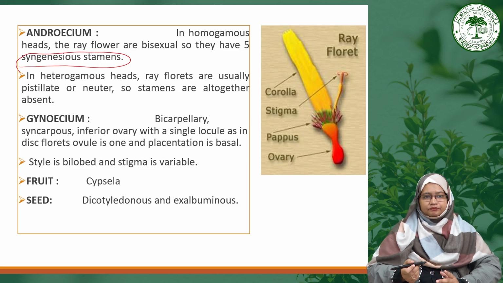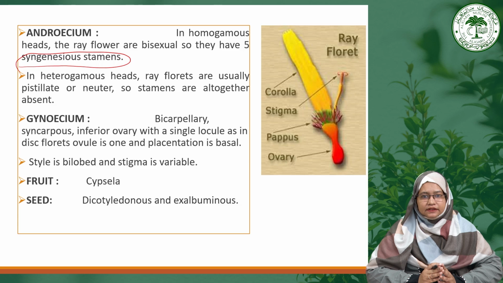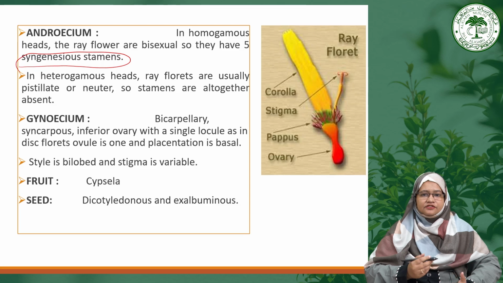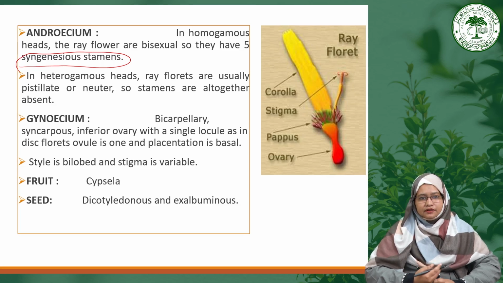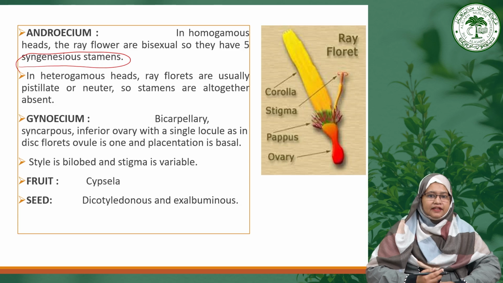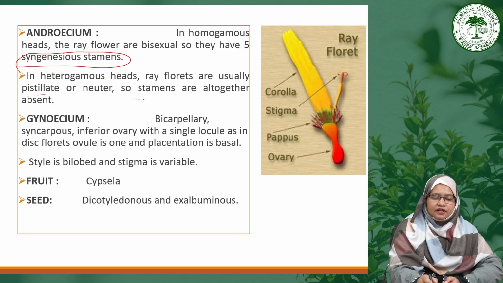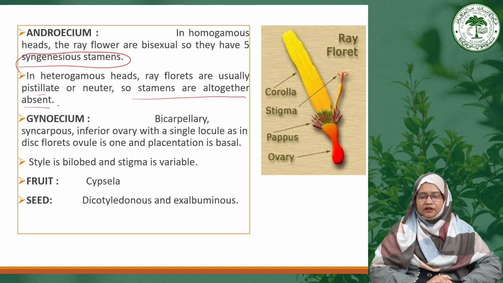So as I have told you, the head may be a homogeneous head. In the homogeneous head, there is only a single type of flower, in which the ray floret is bisexual. While in the case of a heterogamous head, the ray flowers are usually pistillate. Stamens are altogether absent in this particular group.